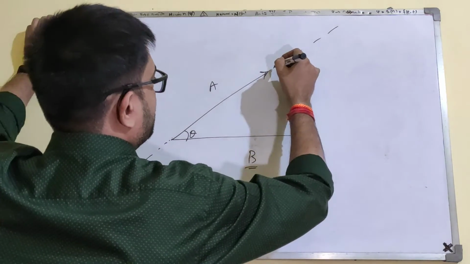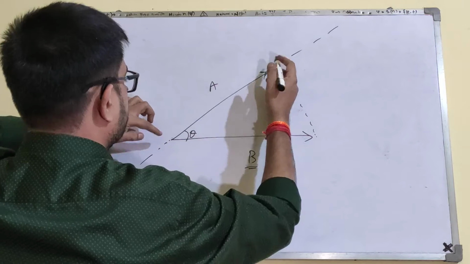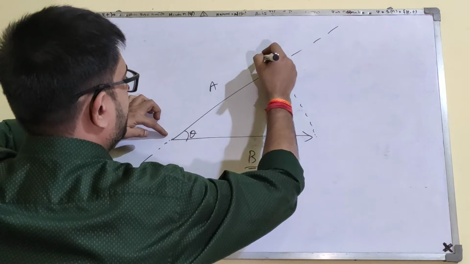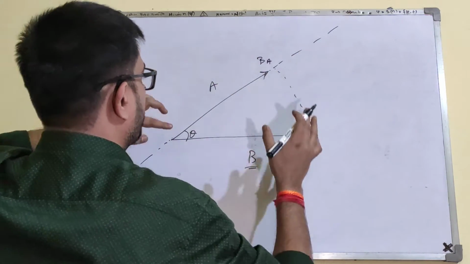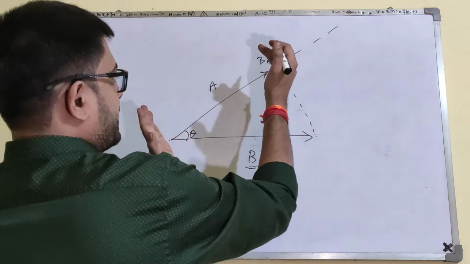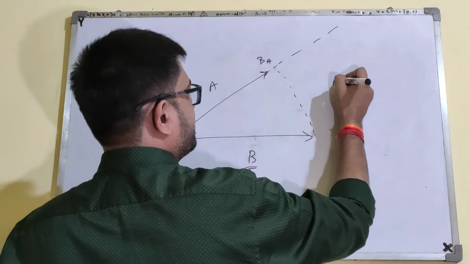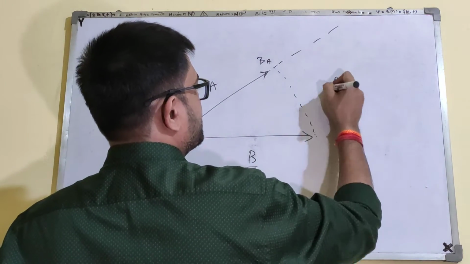and this is the component of B, which is B_A, let's say the component of B on the line of action of A. Then how much can B_A scale A? That will be A B_A.